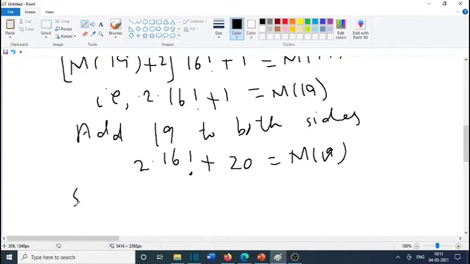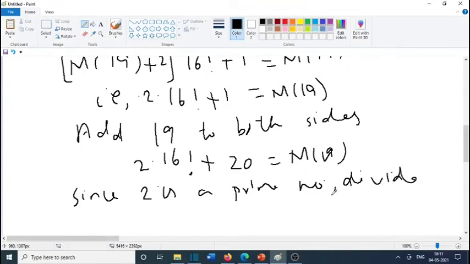Now since 2 is a prime number, divide the above equation by 2.